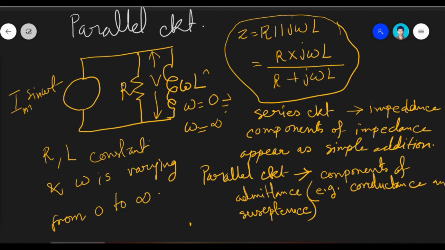Conductance is the reciprocal of resistance. Susceptance is the reciprocal of your reactance. So this conductance and susceptance combine as simple addition. This is a very important and interesting thing to note.